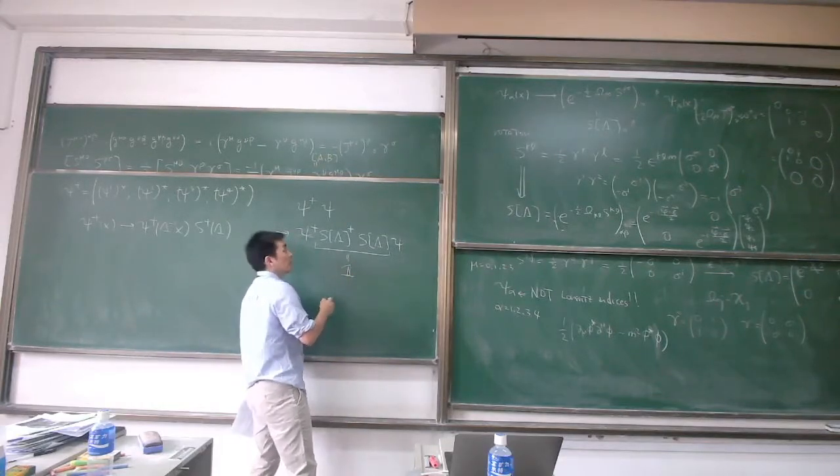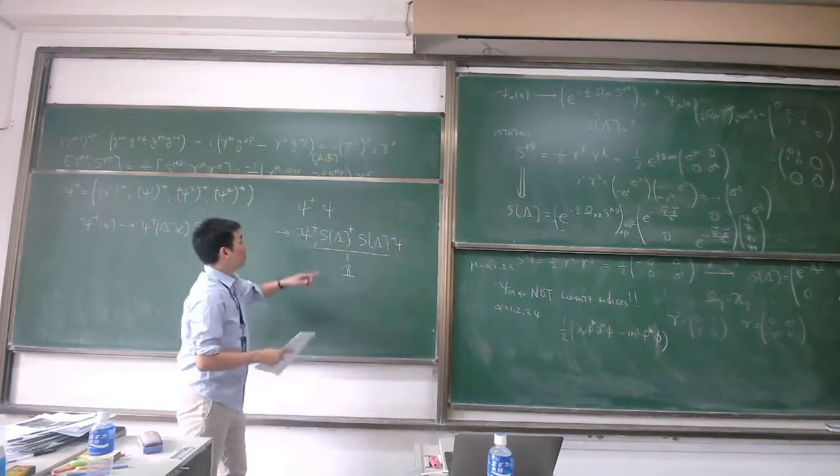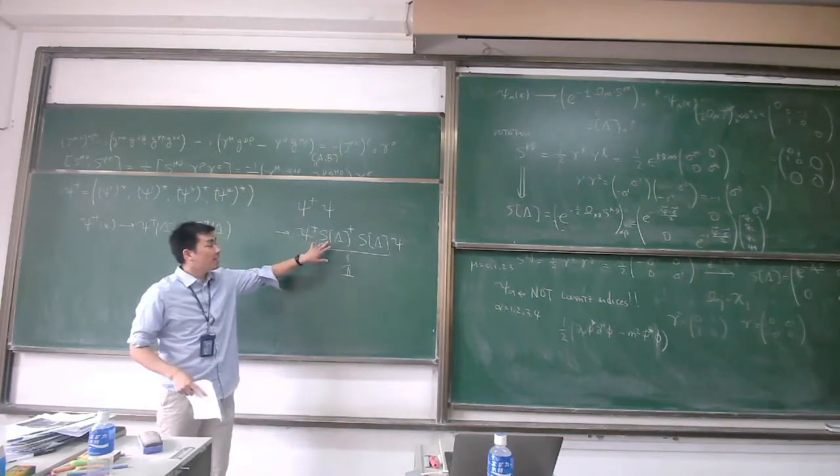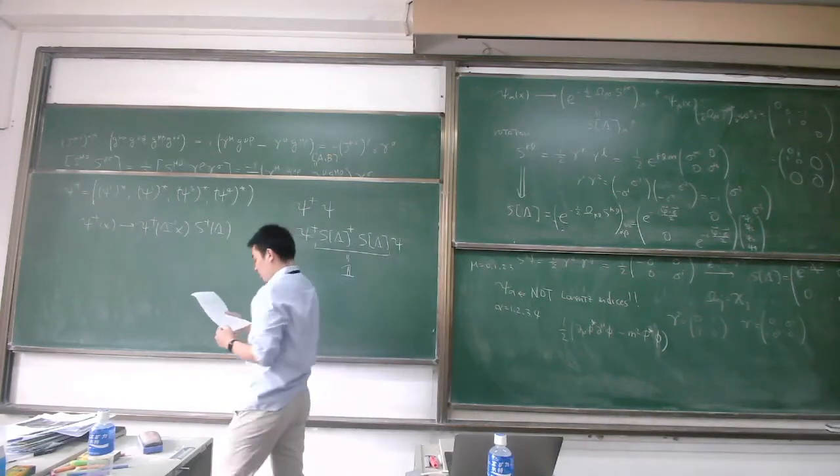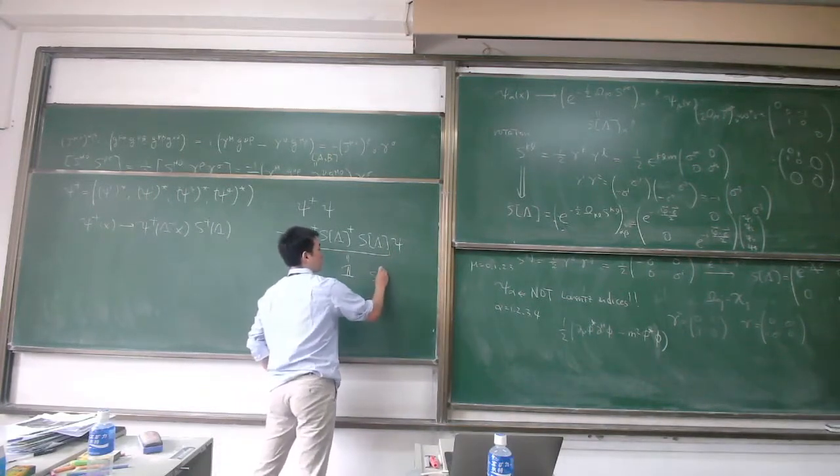So in order for this term to be Lorentz invariant, S needs to be unitary, which means that S dagger is equal to S inverse.